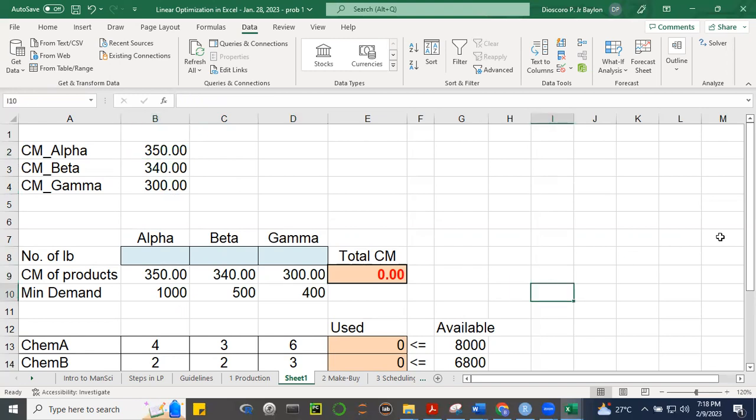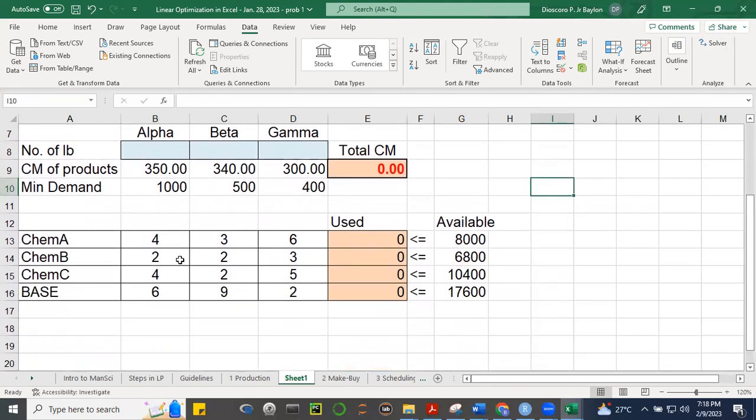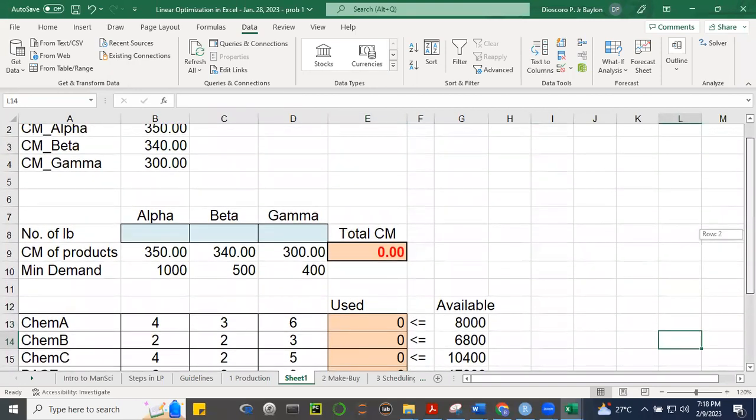Instead of putting the constants in your model, especially when you're using a formula, never write a constant there. It's not a good practice as far as modeling in Excel is concerned.